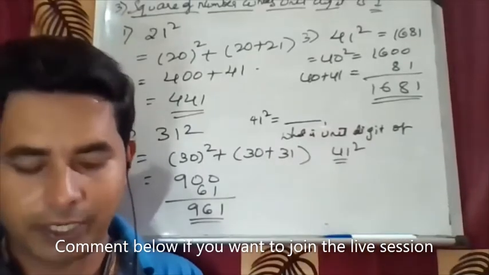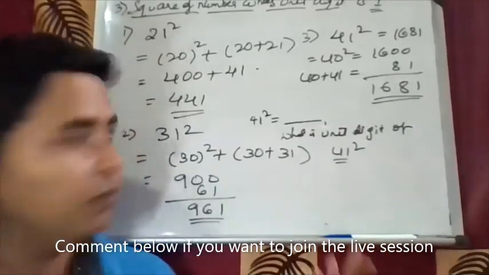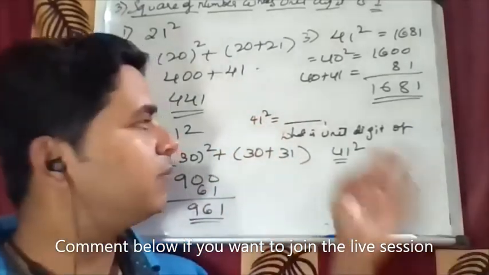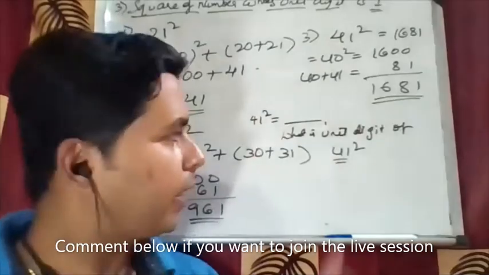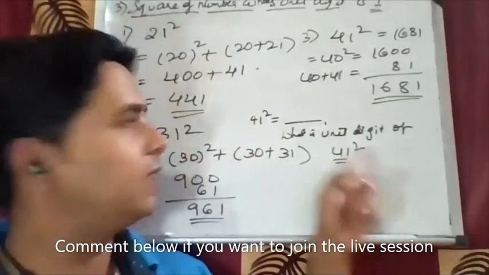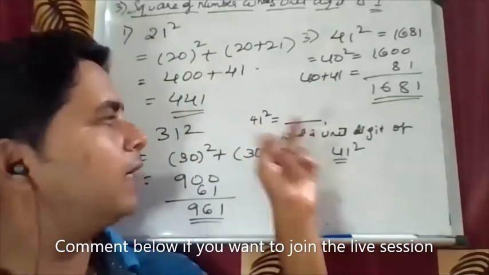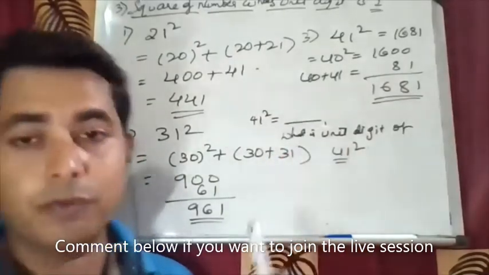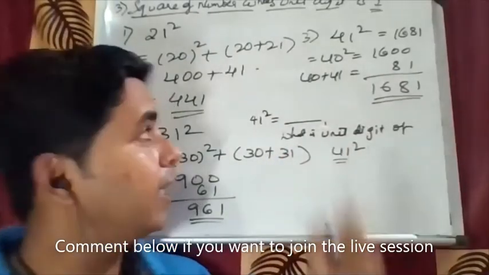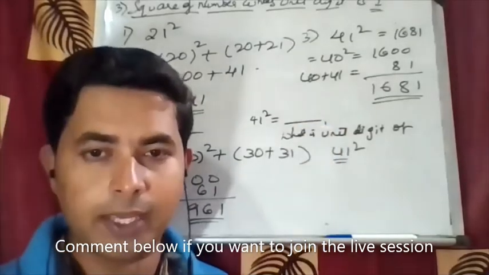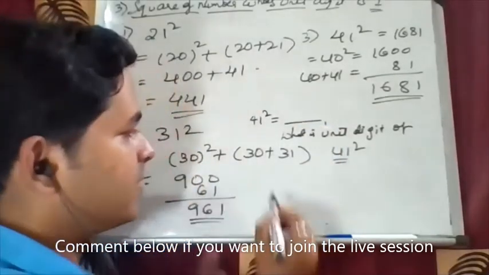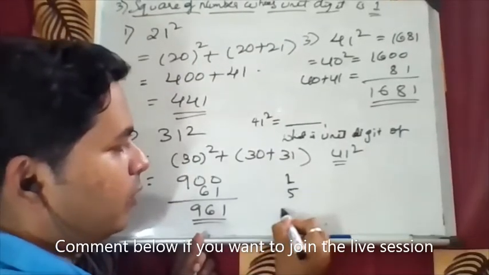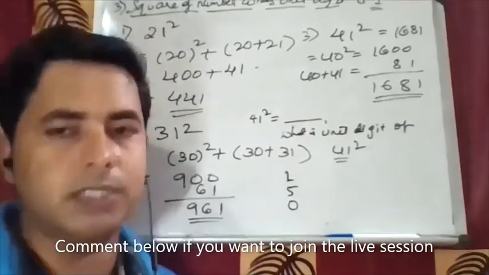Okay, and if you are finding the square of any number ending in 0, its unit digit is always 0. So the unit digit won't change. Whatever number is given, its square has the same unit digit only in a few cases, not in all the cases: when the number ends with 1, with 5, and with 0.